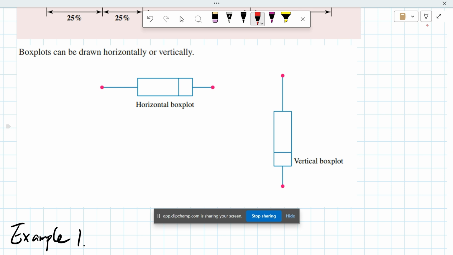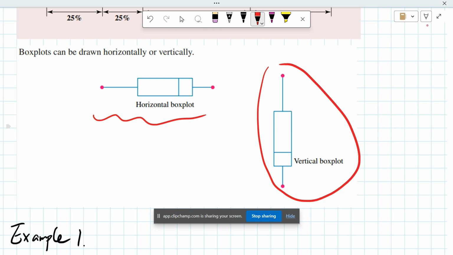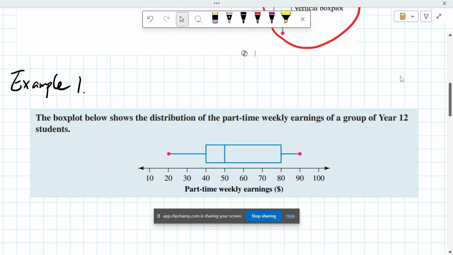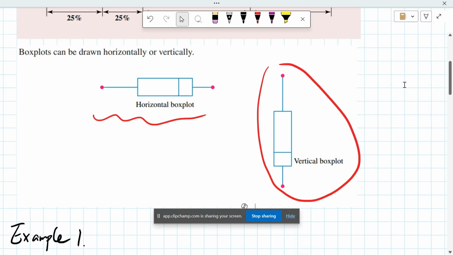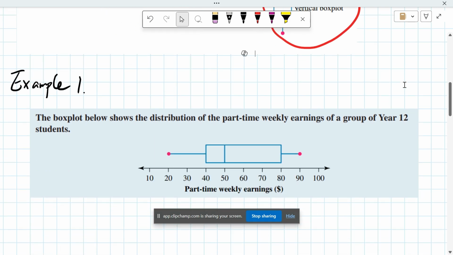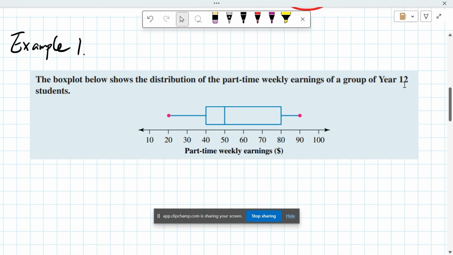The horizontal box plot is what normally looks like, and we also have the vertical box plot. They are actually the same. We're going to teach the horizontal and vertical, but they are the same.